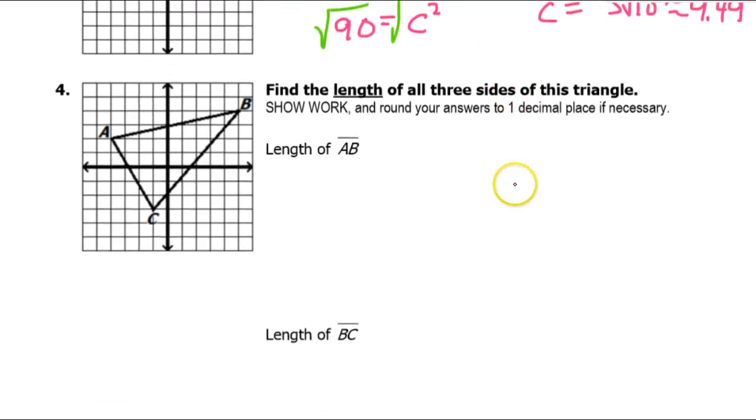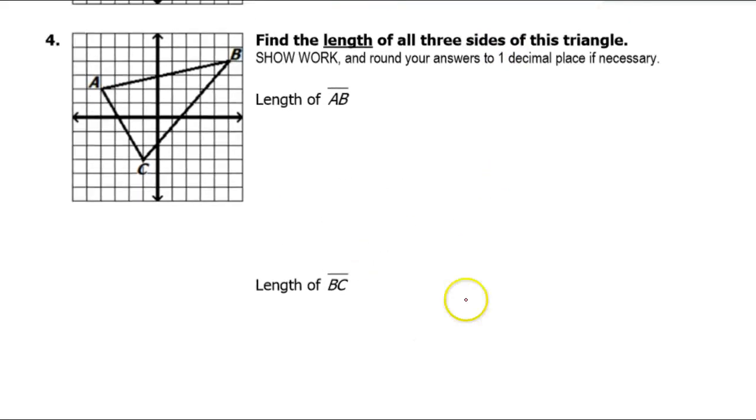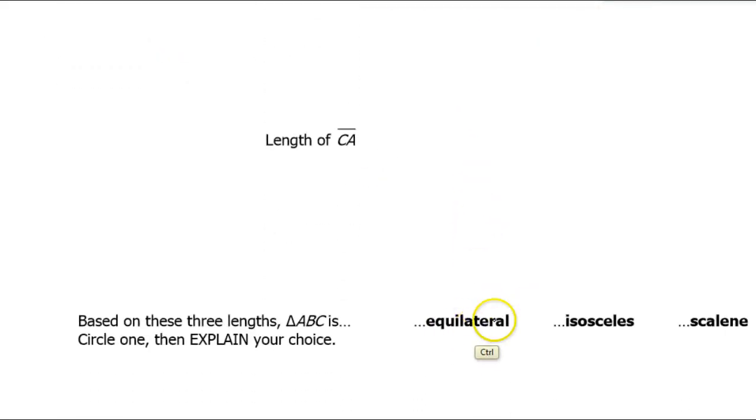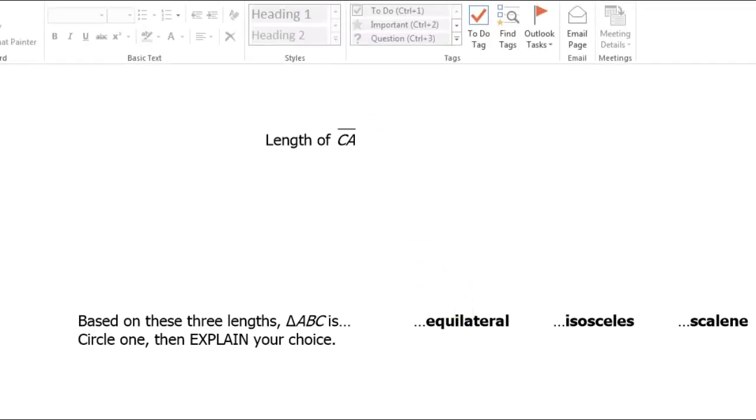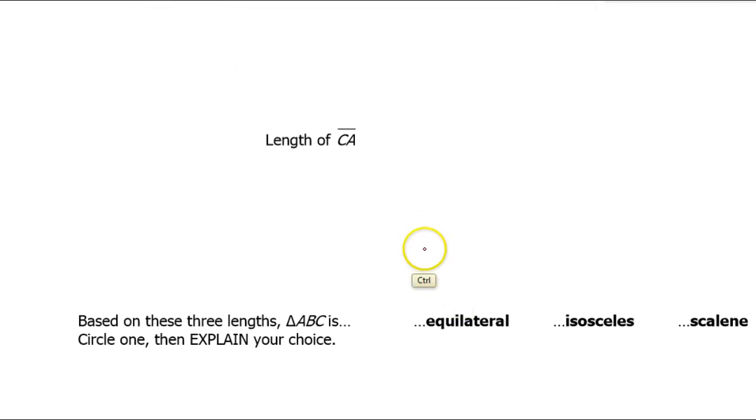So we're going to use that to help figure out if this triangle is equilateral, isosceles, or scalene. Remember that equilateral means 3 equal sides. Maybe I'll just write it vertically. Equilateral means that we have 3 congruent sides. Isosceles means that we have 2 congruent sides.